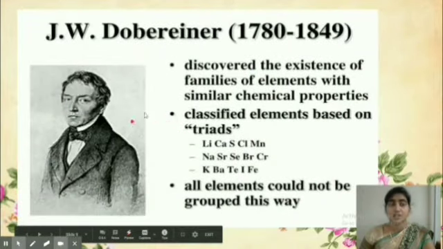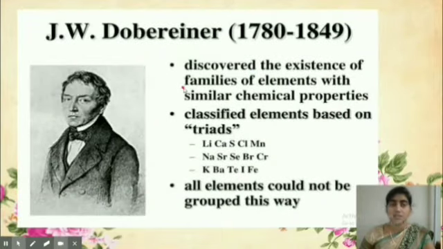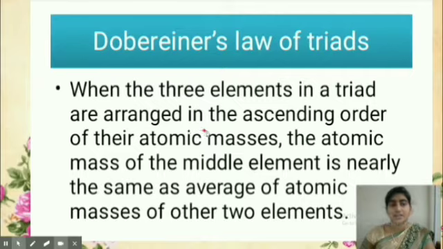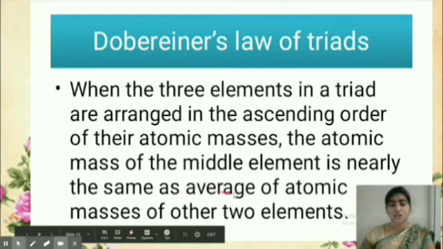Döbereiner triads. Johann Wolfgang Döbereiner was a German chemist who tried to arrange the elements with similar properties into groups. He identified some groups, and each group had three elements. So he named these groups triads. Döbereiner stated that when the three elements of a triad were arranged in increasing order of their atomic masses, the atomic mass of the middle element is nearly the same as the average of the atomic masses of the other two elements.